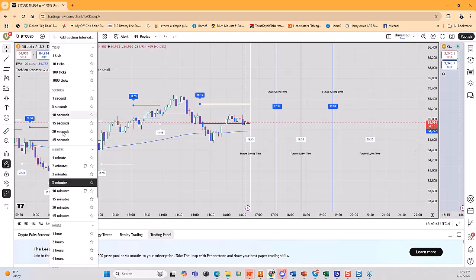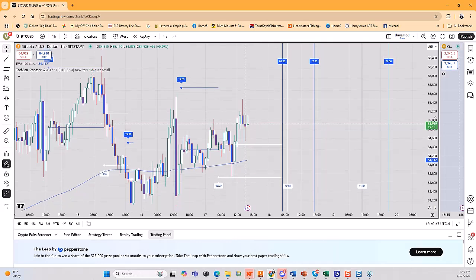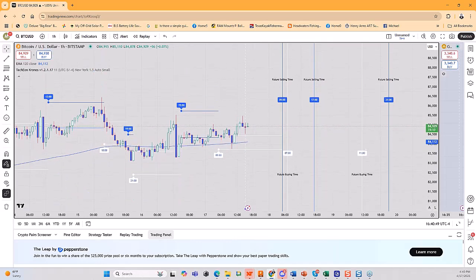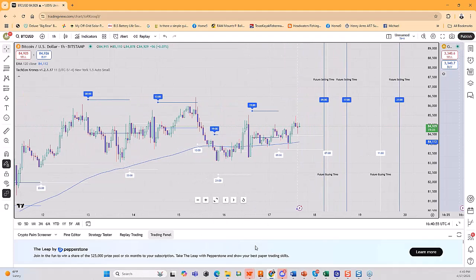I can go from a 5-minute to a 60-minute chart, and the accuracy of the signals is the same. It's just a larger move at those times. Any questions about Kronos for TradingView versus Warp for NinjaTrader?